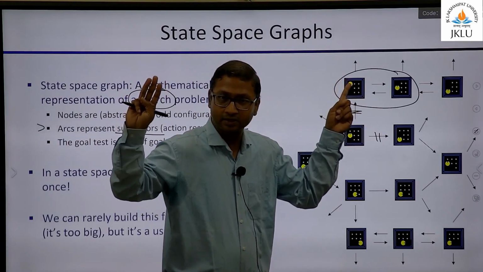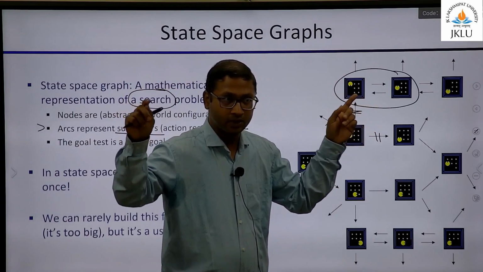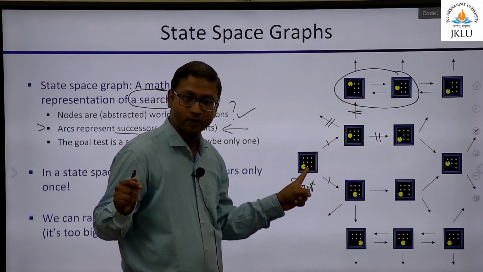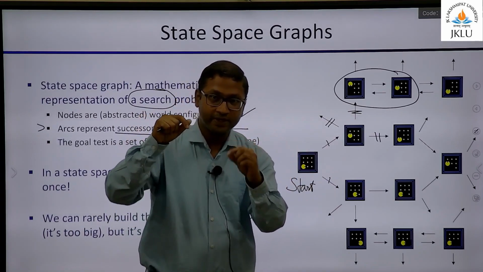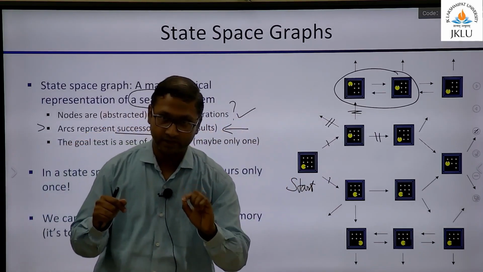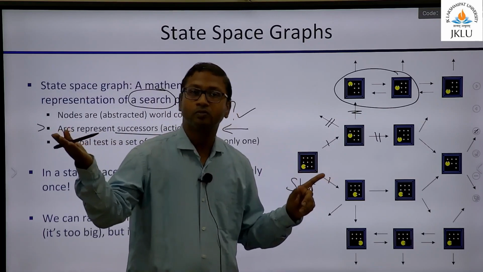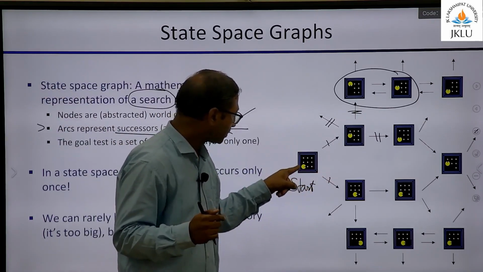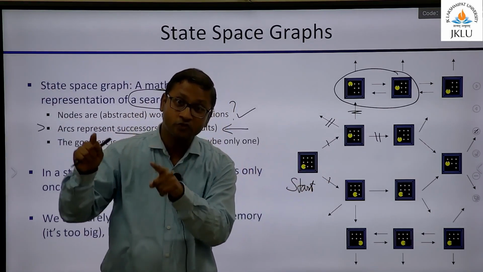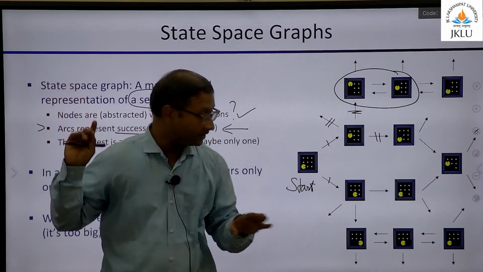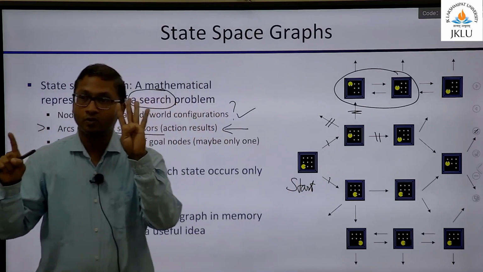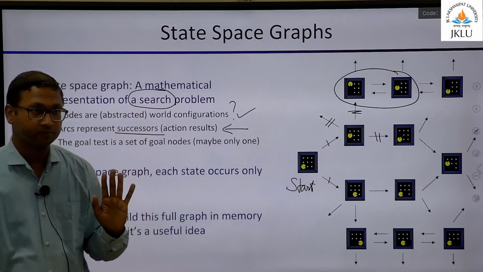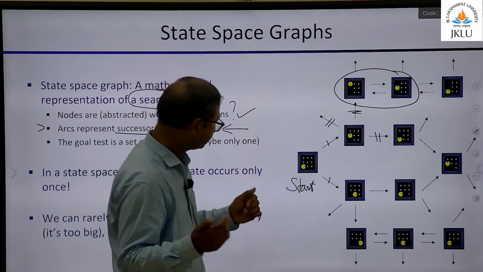Total states 9 into 2 to the power 8, because there are 8 food pellets. So my configuration will be either eaten or not eaten. Into 4, because my Pac-Man can be in at most 4 directions. But in this case, if you see, there is only one position where I can have all 4 directions available to me. Center, right?